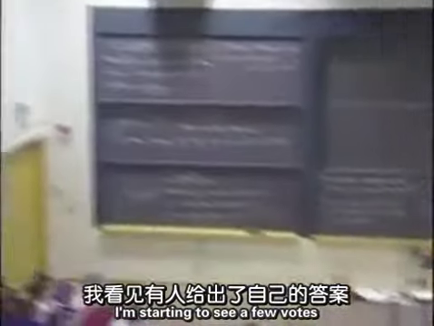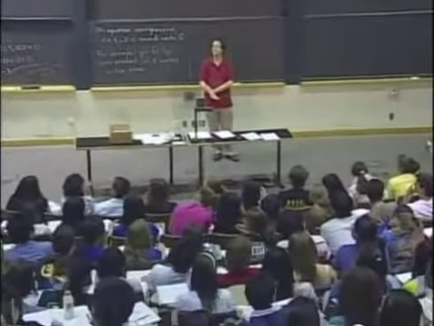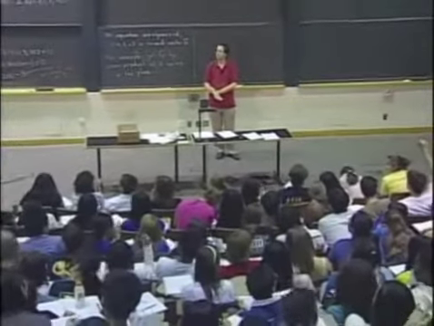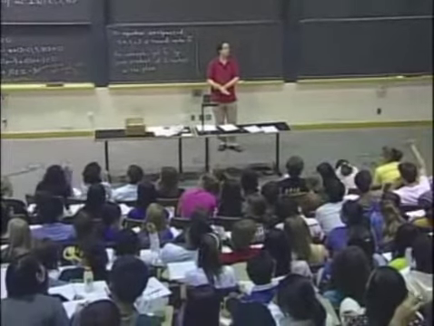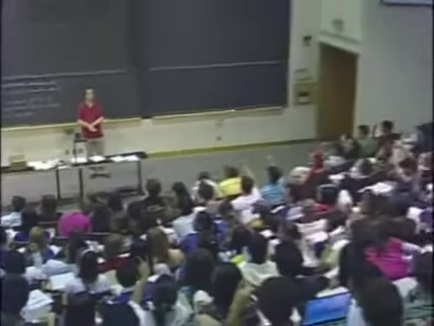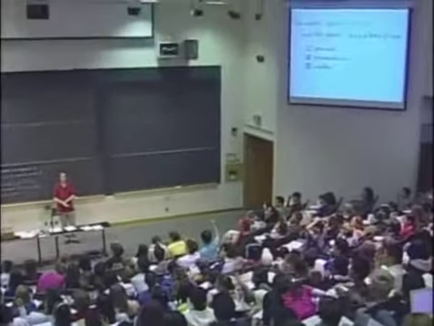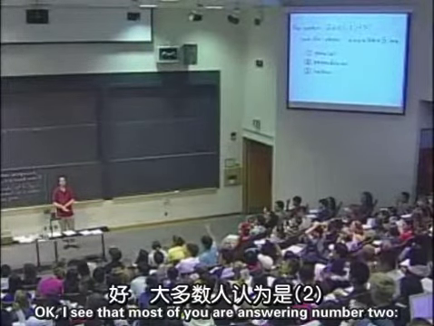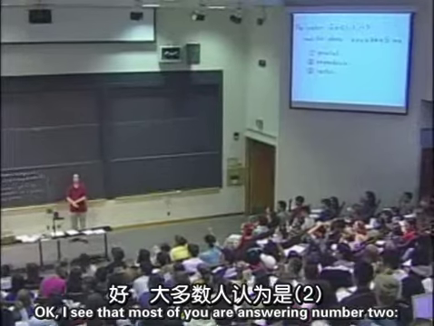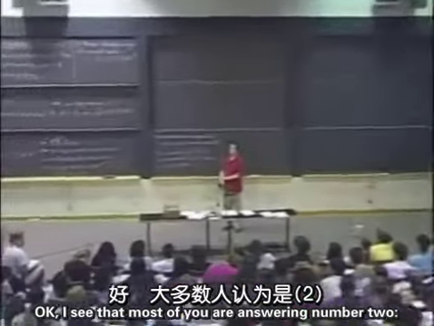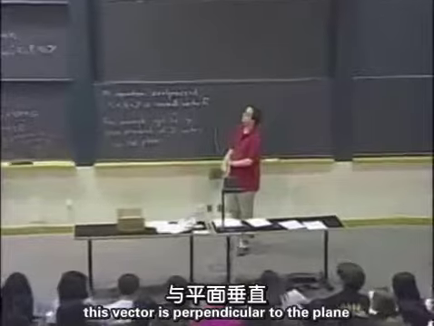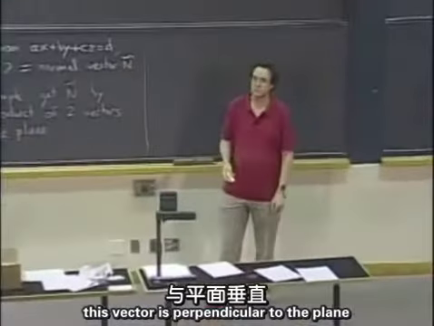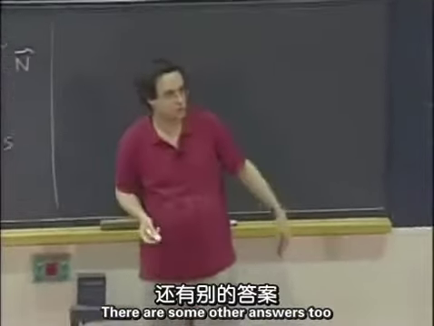Okay, I'm starting to see a few votes. Okay, so I see that most of you are answering number 2. This vector is perpendicular to the plane. There are some other answers too.